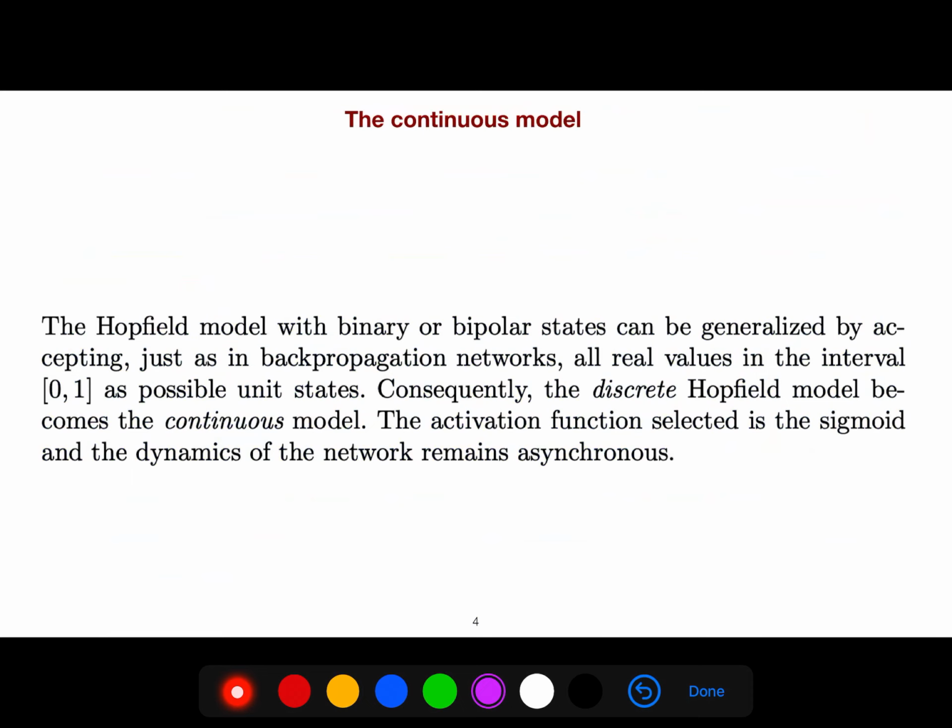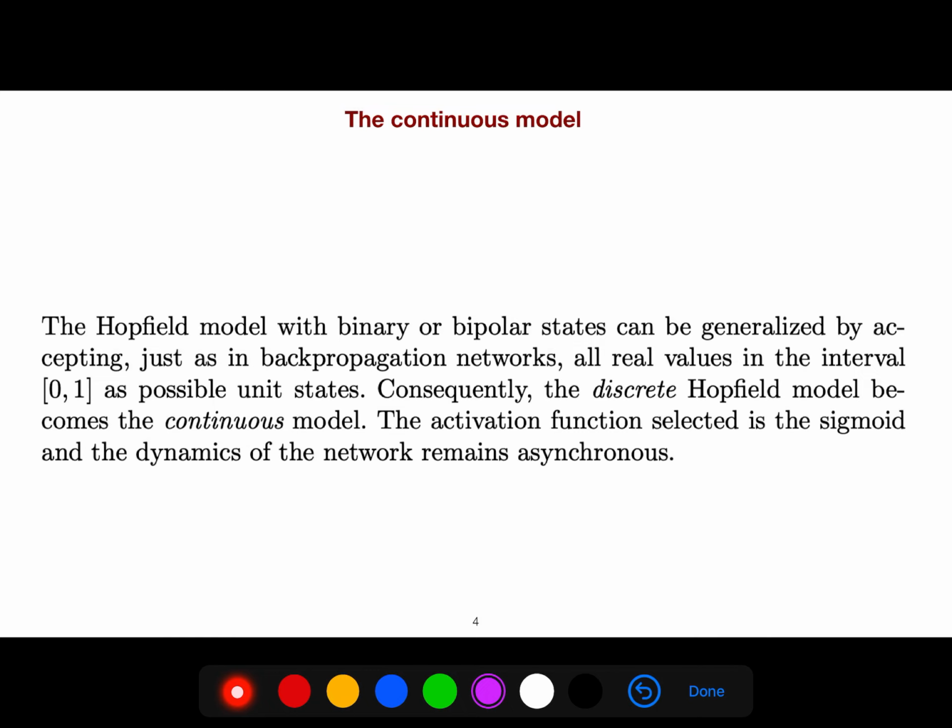So the Hopfield model with binary or bipolar states can be generalized by accepting, just as in backpropagation networks, all real values in an interval as possible unit states. Consequently, the discrete Hopfield model becomes the continuous model.